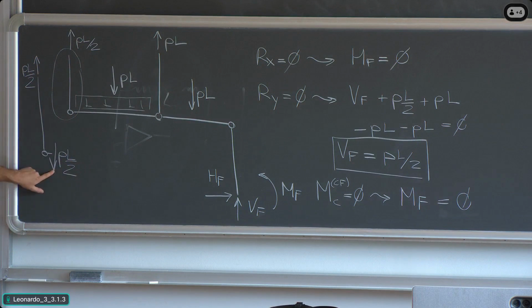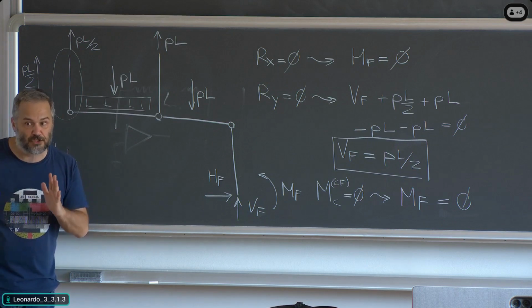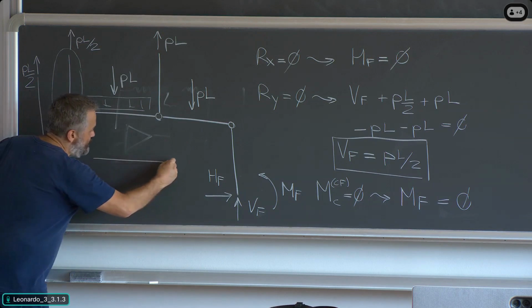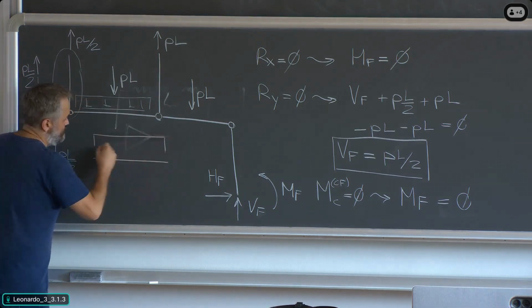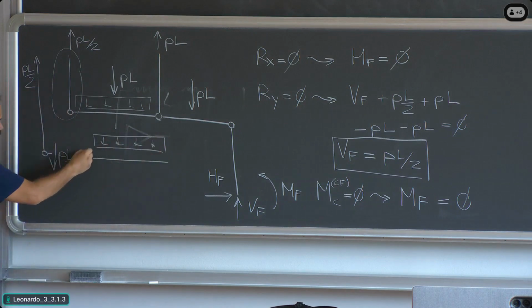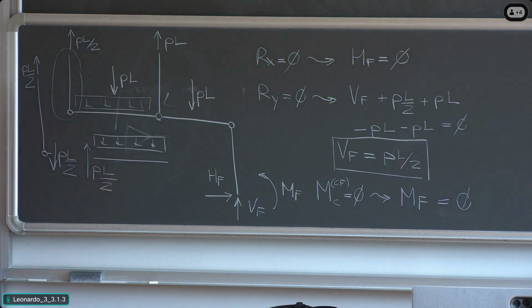Is this an external force? No, it's an internal force, because there is no restraint here. There is a constraint between two different parts of the structure. So the principle of action and reaction applies, which means if I then look at this point from the other side, from beam AB, this force gets reversed in order to respect the principle of action and reaction. Look at this, and now let's go back to what I just drew.